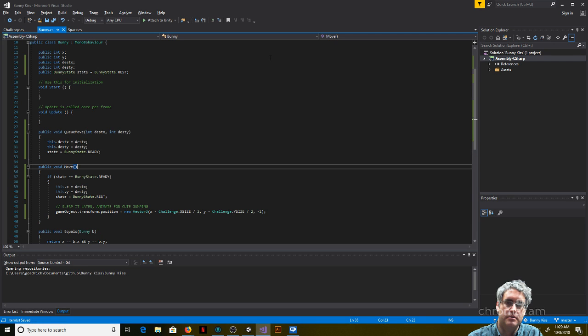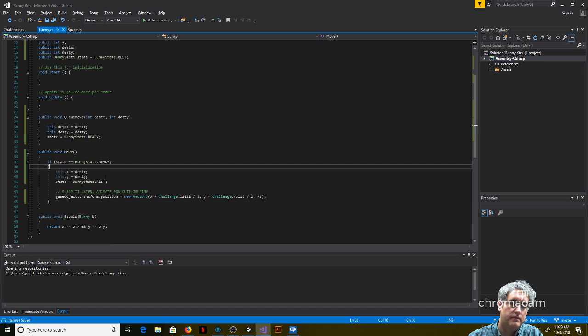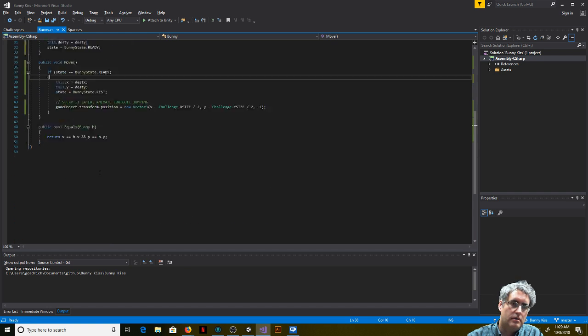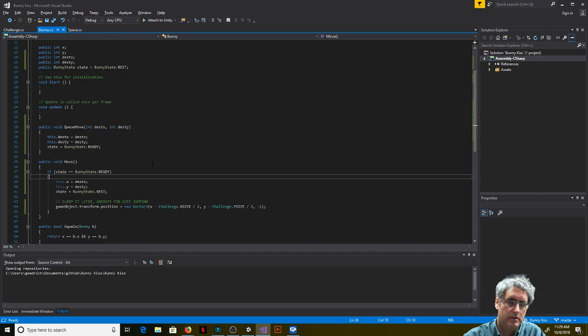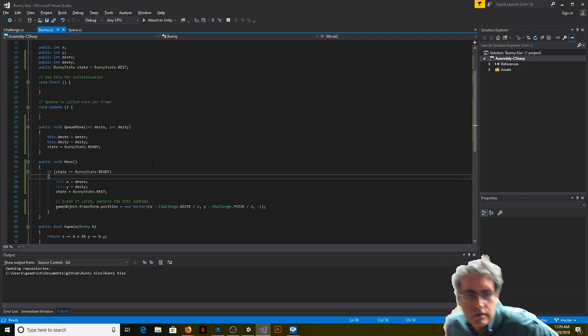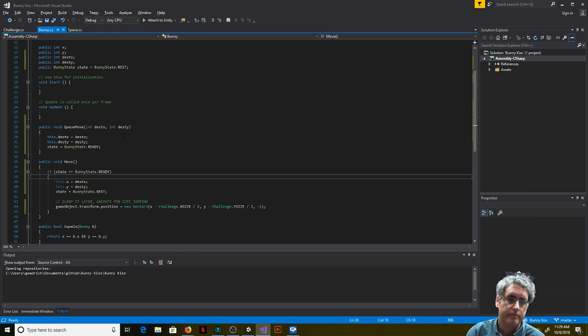So, hey, things were still moving. We had this rest state. It was ready. And then if it's in the state ready, what we need to do is start moving, right? We know where we are. We know where it is that we want to go. We queue up a move.